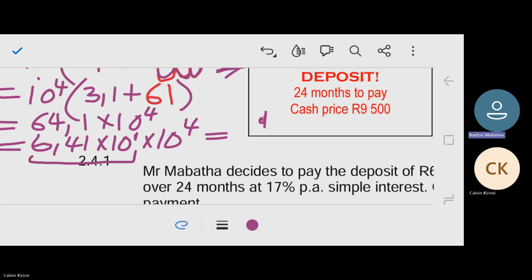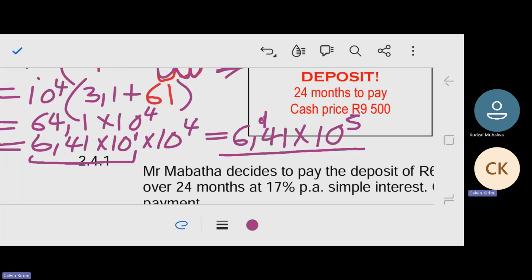Then you add the exponents. So the answer is 6,41 multiplied by 10 to the power 5.